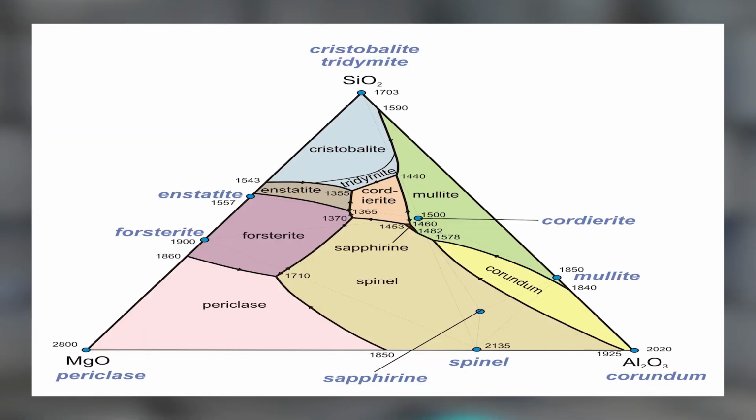Mineral assemblages. On the basis of ACF and Al2O3, MgO, SiO2 diagrams, the important calcareous assemblages are given below.